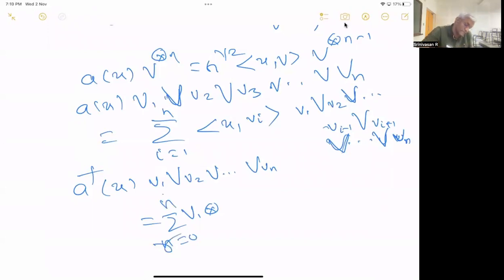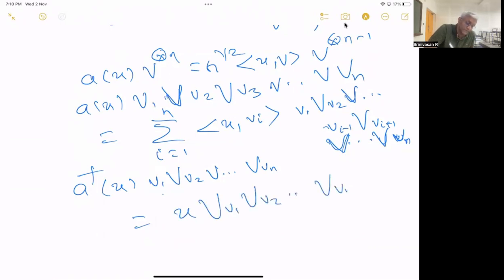Let's just write the symmetrization. Wherever you put it, it doesn't matter. You are going to apply the symmetrization operator to U, V1, V2, up to Vn. It will permute and put U everywhere in the tensor, and then sum.